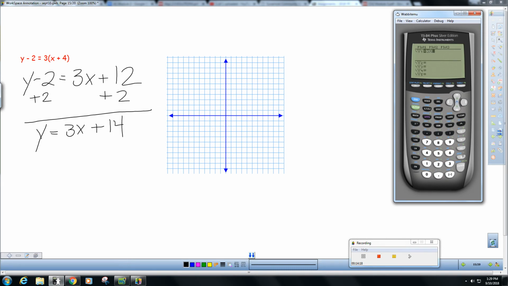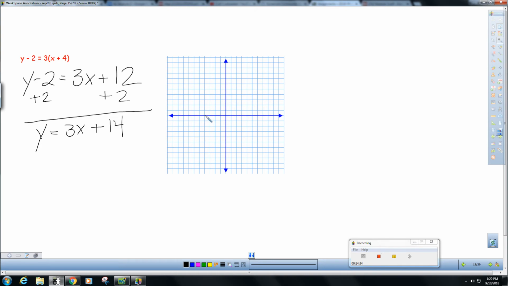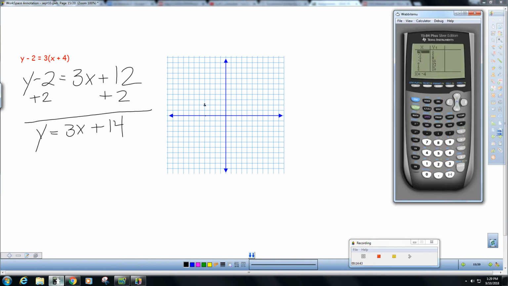3x plus 14. Give me a table. 0 is 14. Well, I'm going to have to go up here. So, -4, comma 2. That's just my way of making a point on this program. -3, comma 5.